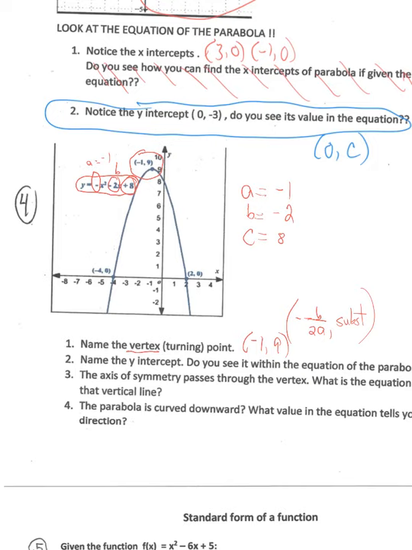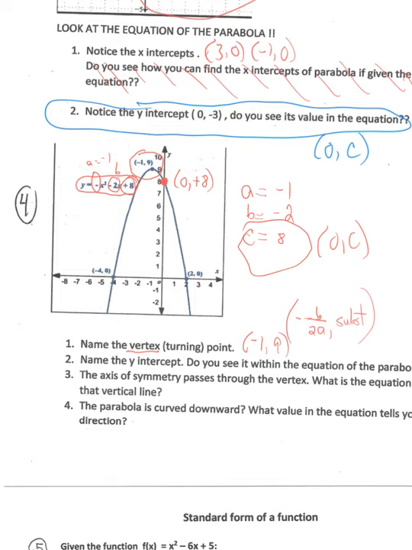The y-intercept, where is it? We'll go red. Here it is, 0, 8. We also knew it was 0, +8 because it's the 0, c, isn't it?